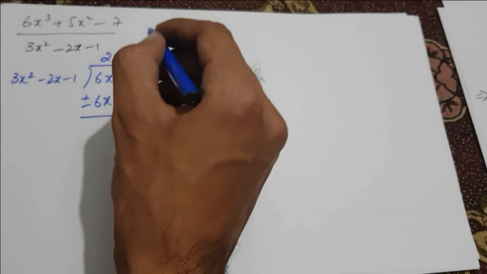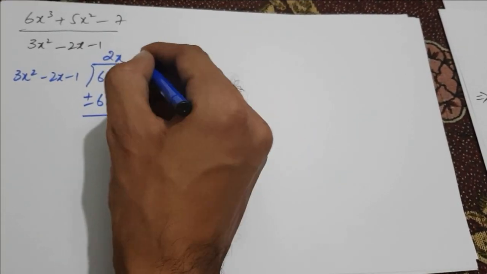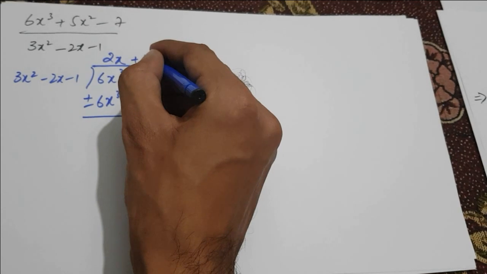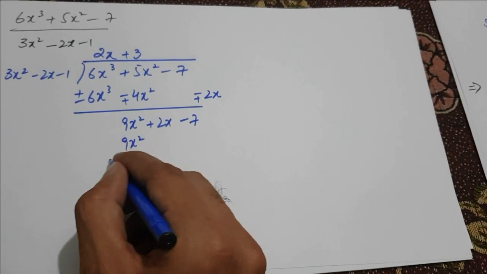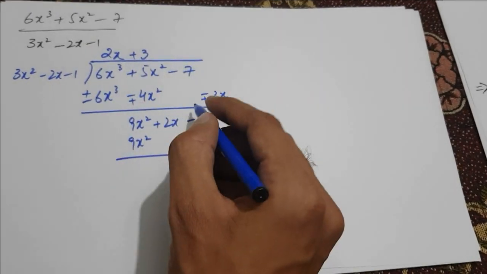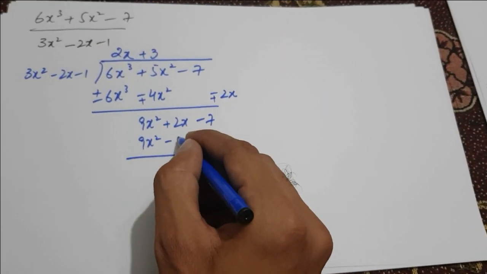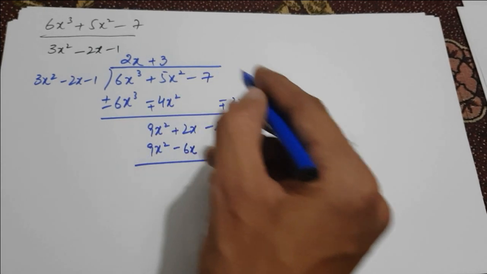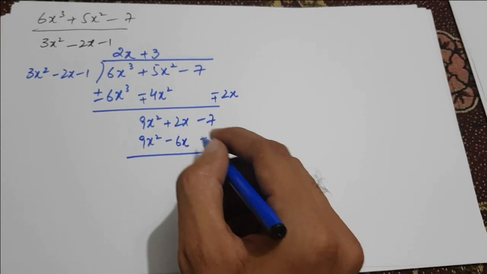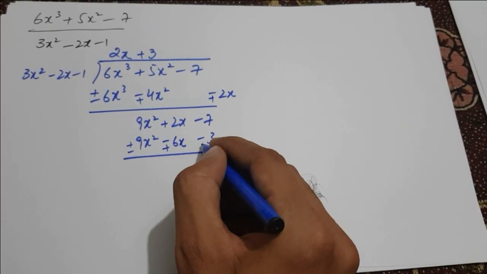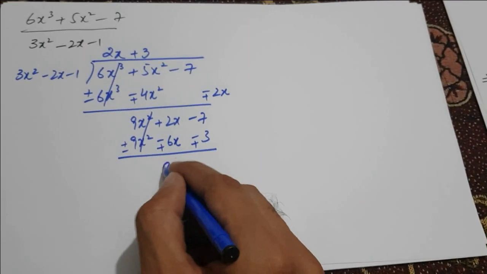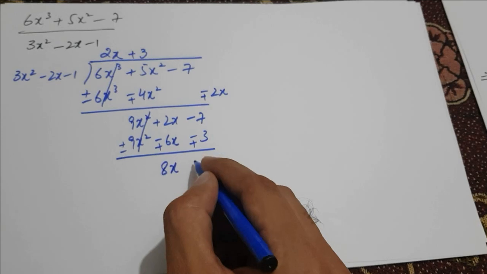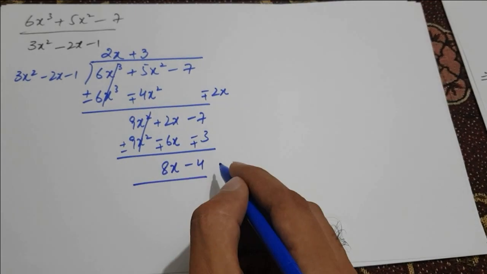We divide it further, that's 3x squared into 3. We get 9x squared, minus 2x into plus 3, we get minus 6x, minus 1 into plus 3, we get minus 3. Changing the signs of the terms, we get 8x minus 4 as a remainder.